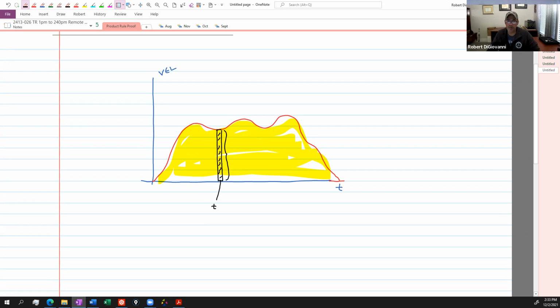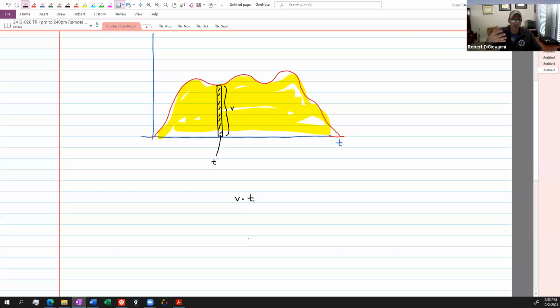A measurement of velocity. So if I find the area of that, I'm taking the velocity and multiplying by time. What units do we usually use for velocity, like when you're driving your car? Miles per hour.